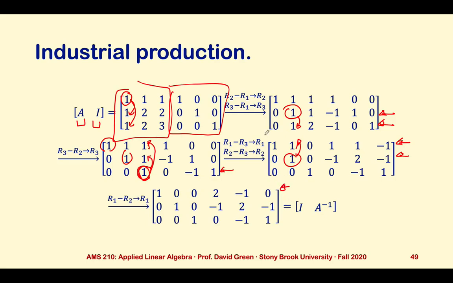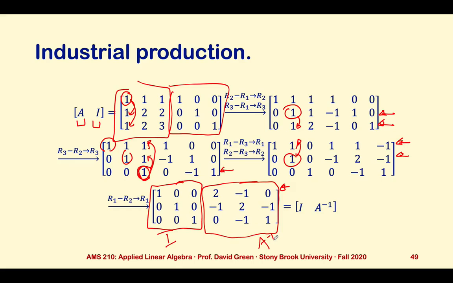This gives us our last row. We now have the identity matrix in our coefficient block, which means that this second block contains the inverse.